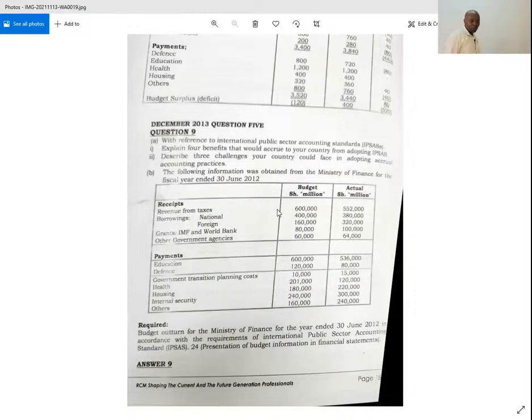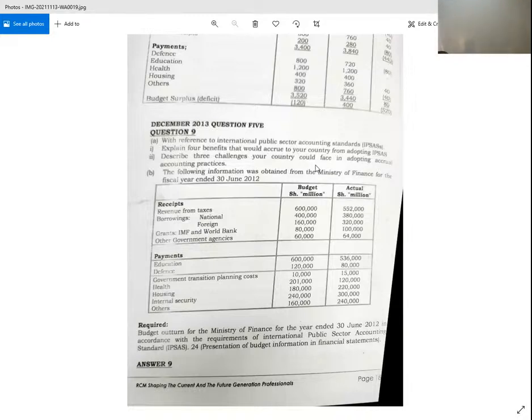Great. Looks bad, but better than nothing. So you can see, ladies and gentlemen, they told us in part A, and this is very popular, with reference to International Public Sector Accounting Standards, IPSAS, explain 4 benefits that would accrue to your country from adopting IPSAS.